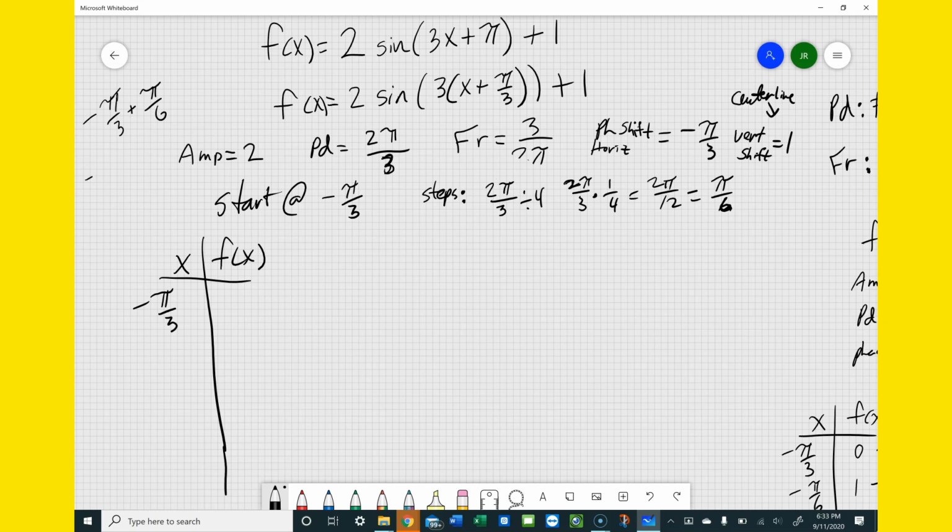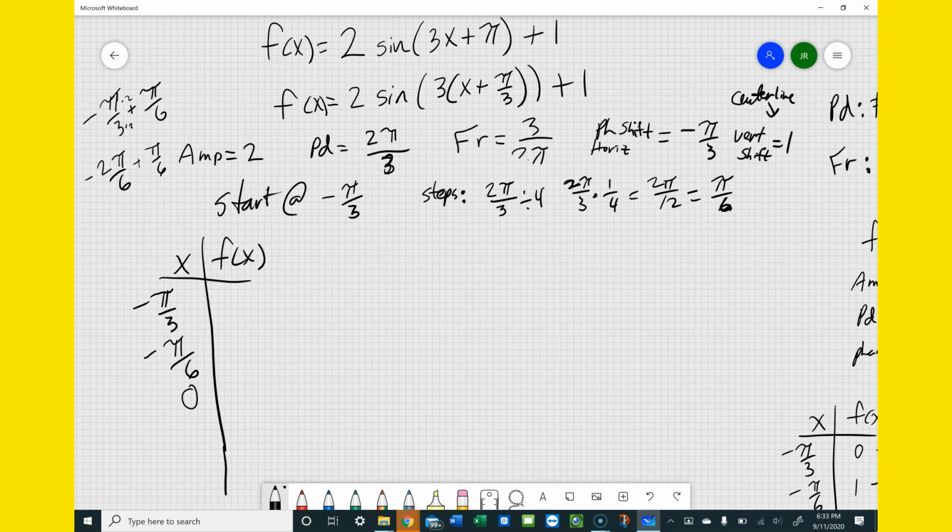Well, negative pi over 3 is the same thing as negative 2 pi over 6, by multiplying the top and the bottom by 2. So negative 2 pi over 6 plus 1 pi over 6 is negative pi over 6. So negative pi over 6 is my next step in the x direction. And then I add another pi over 6 to that. What if I add pi over 6 to negative pi over 6? That gets me to 0.